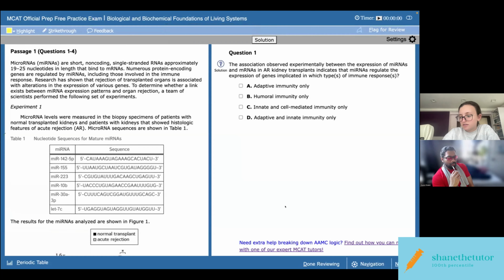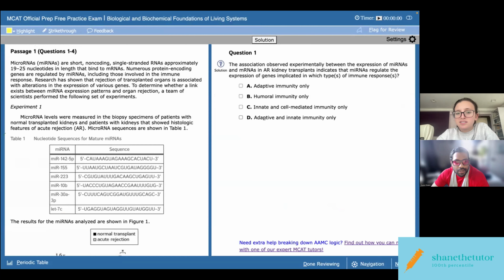So these microRNAs are small RNAs that can affect what, in this paragraph? Do you remember when we talked about proportionalities?